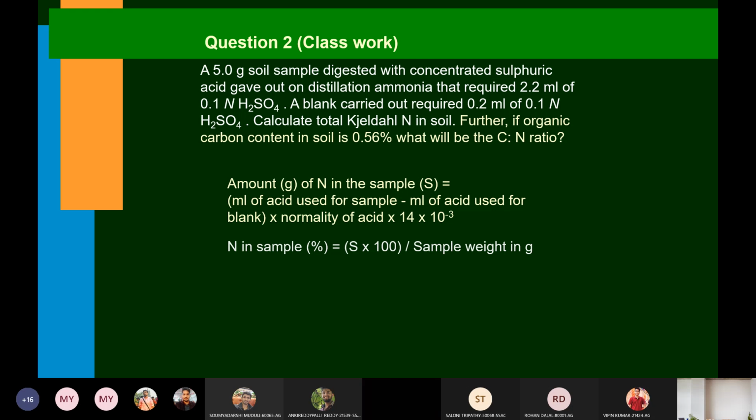Sir, 10:1 C:N ratio. Anybody? Sir, 10:1. 10:1 C:N ratio.